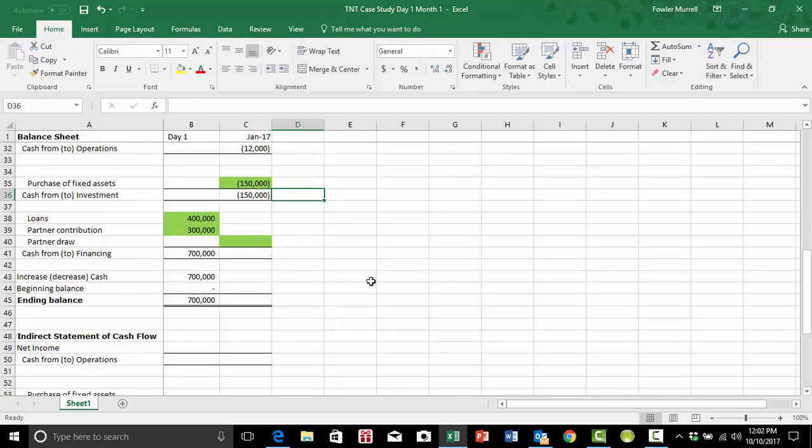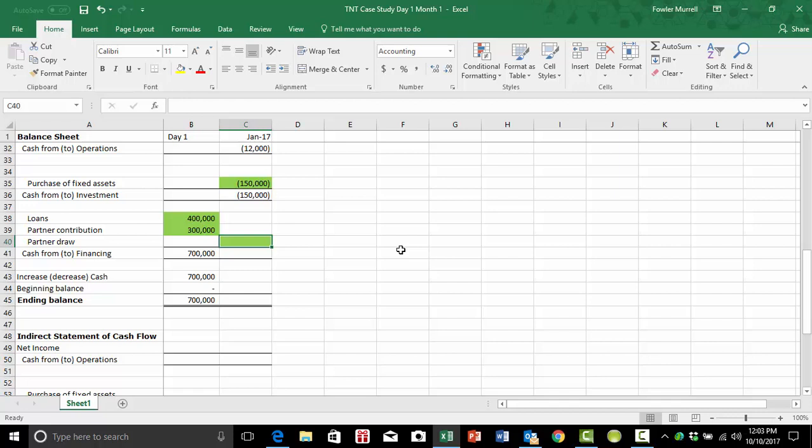And then we want cash from financing. Cash from financing is the loan. Well, we didn't have a loan. We only had that one loan on day one, so nothing goes there. Partner contribution, nothing goes there. But partner draw, we have partner draw. Each partner gets $6,000.